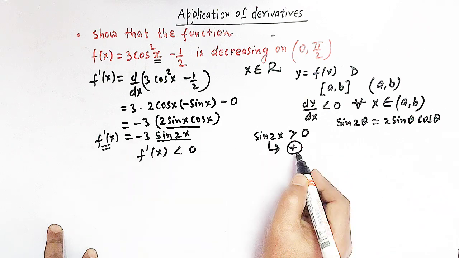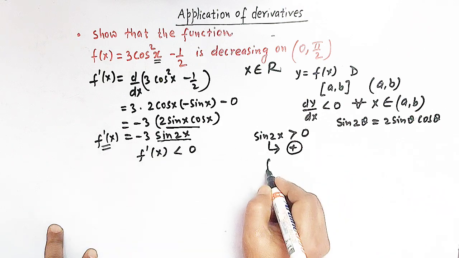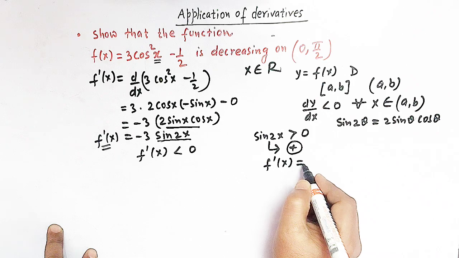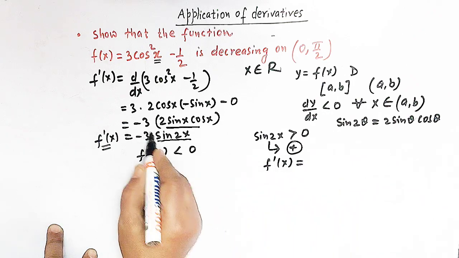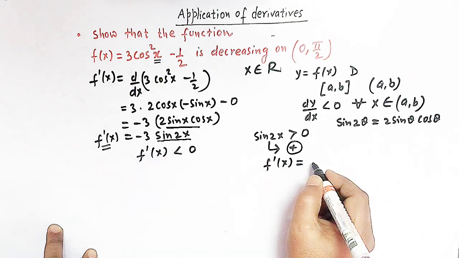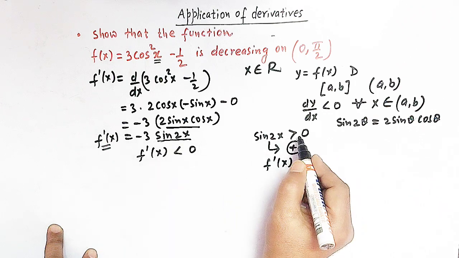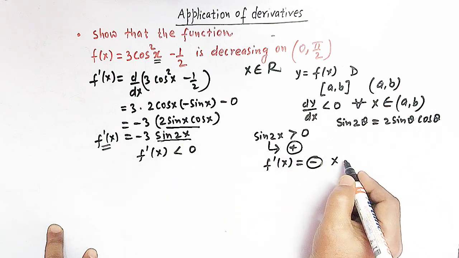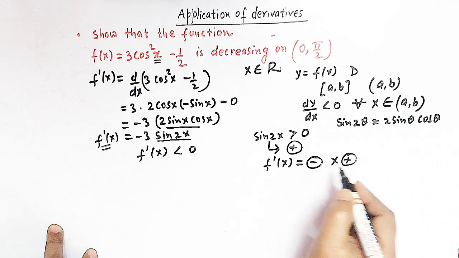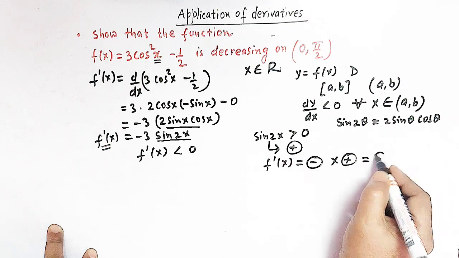Because when sine 2x is positive, we have the negative sign, and the product of negative and positive is negative.